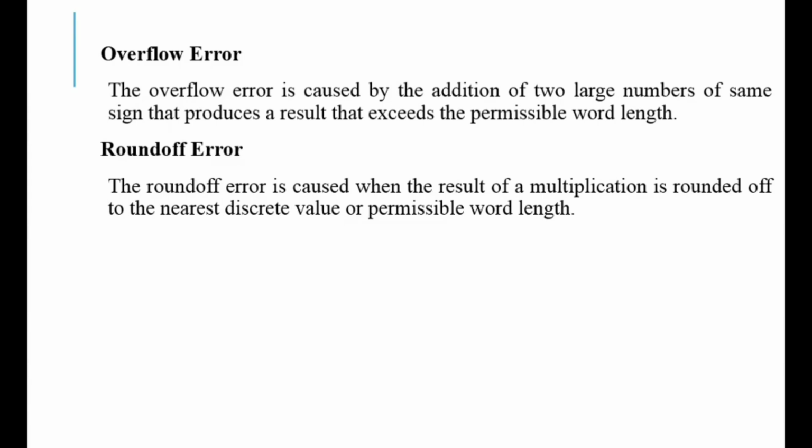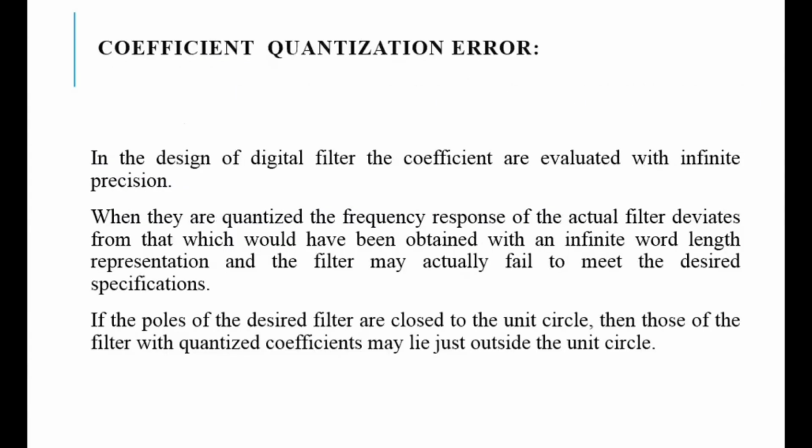It is caused by addition of two large numbers of the same sign, which produces a result that exceeds the permissible word length. The last one is round off error. It is caused when the result of a multiplication is rounded off to the nearest discrete value or permissible word length.